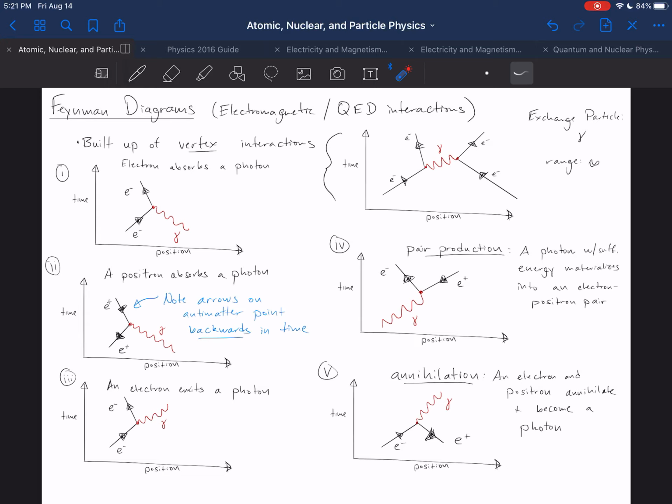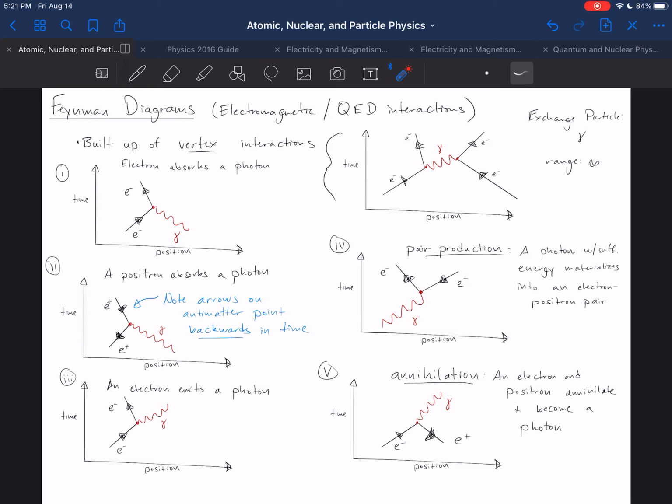Now, take a look at this next one. In this one, a positron absorbs a photon. Now, here's a useful diagrammatic tool. If you want to represent a positron rather than an electron, that is, if you would like to represent any antimatter particle whatsoever, you simply reverse the arrow. Okay, that's it.